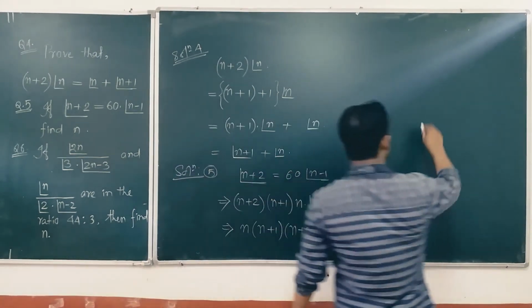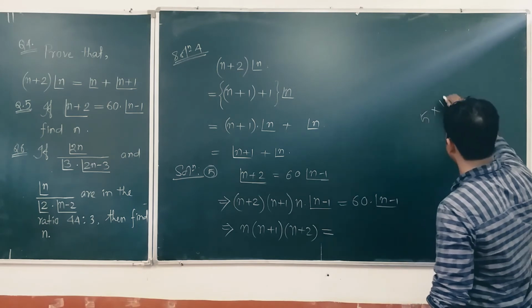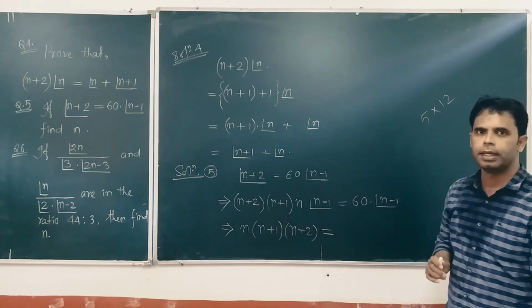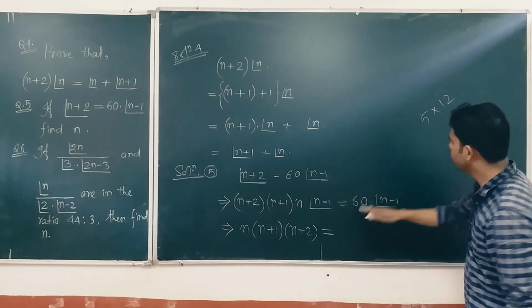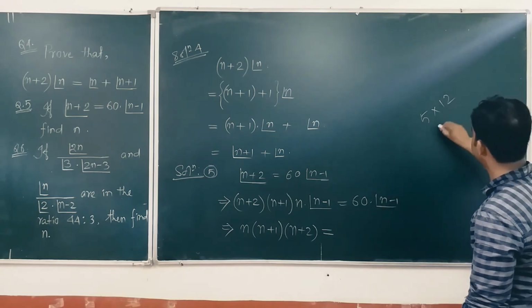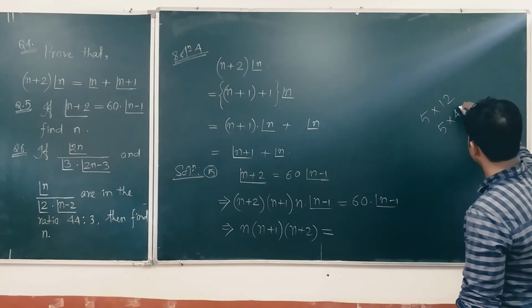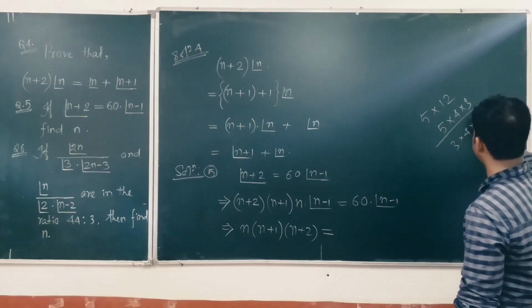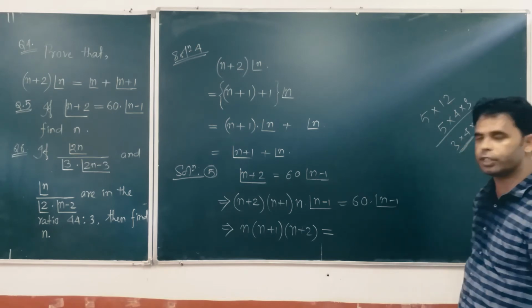It is 5 into 12. You see, what technique to use: if we directly take the product 5 into 12, solving will become tough. The technique we use is: 60 is actually 5 into 12, and this is 5 4 3. So 5 4 3 means 3 into 4 into 5, if you write it, it is obviously 60.